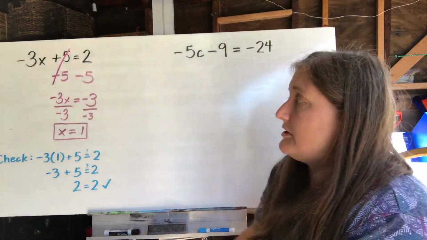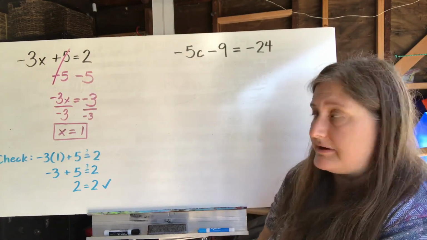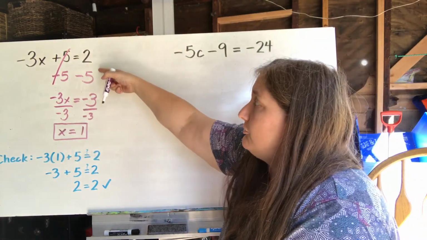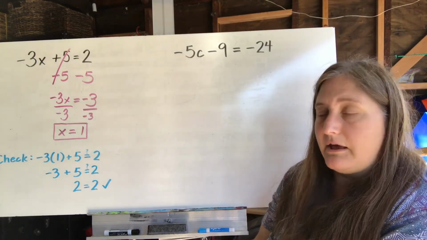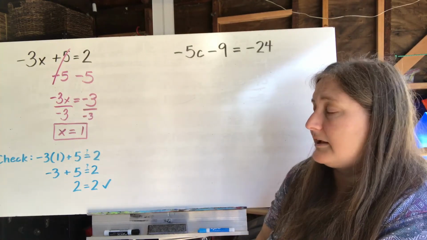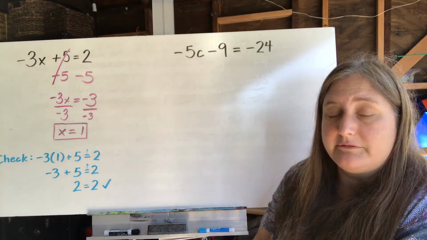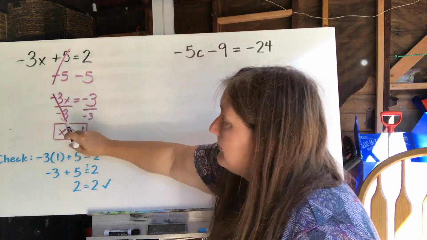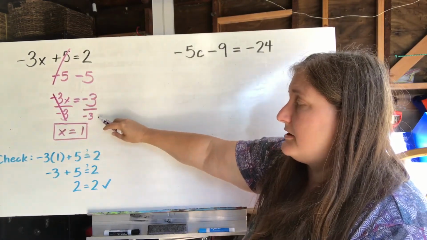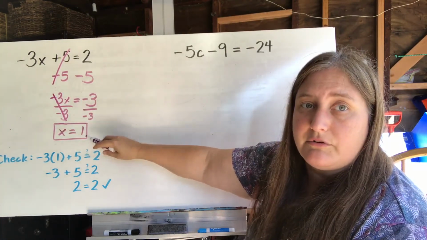So on this side of the equation, I'm left with just negative 3x. Over here, 2 minus 5 gives me negative 3. So now to get x by itself, I'm going to divide both sides by negative 3 because dividing is the opposite of multiplying by negative 3. These will cancel out, and I'm left with x. And over here, negative 3 divided by negative 3 gives me an answer of 1.